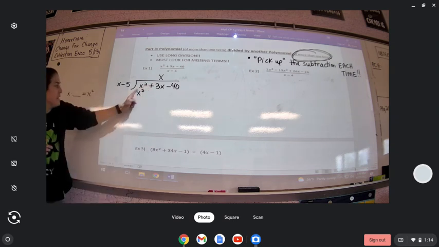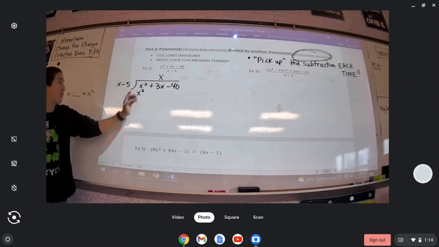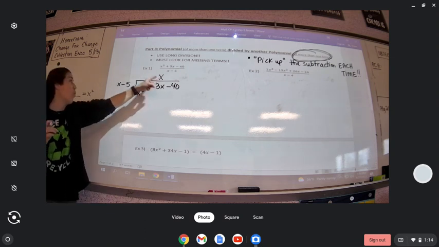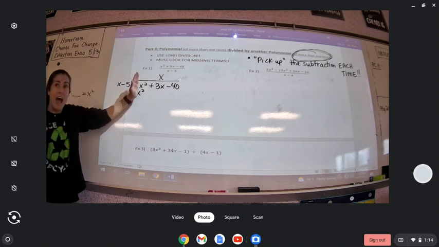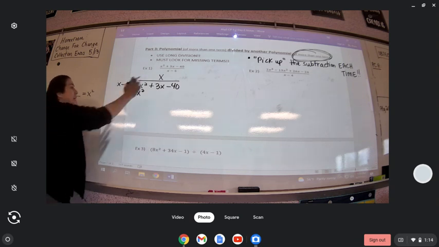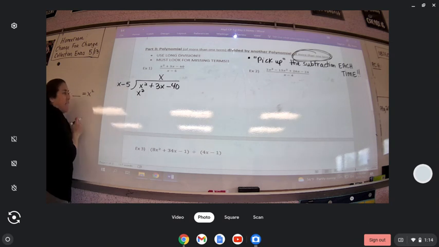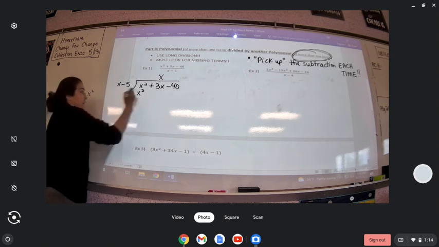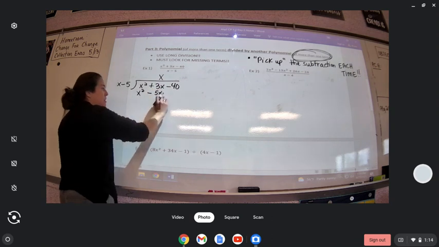Guys, these have to match. If the fronts don't match, you didn't pick the right guy up there, or you multiplied wrong. Something went wrong. The fronts have to match. Now take x and multiply it with -5. What's x times -5? -5x. So just keep going. You got your x squareds, now you got your x's. Just keep writing them in line.